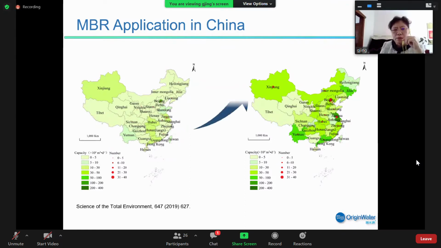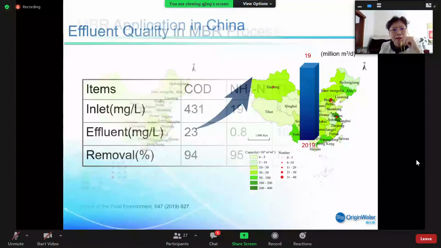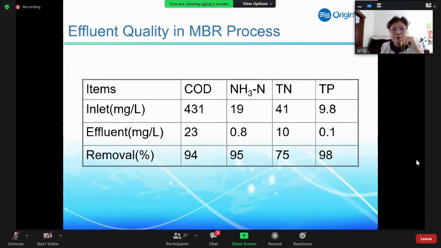I collected some data up to 2019. In China, there's 19 million cubic meters per day of production from MBR treatment, just because the effluent quality in the MBR process is really good and can meet high requirements.